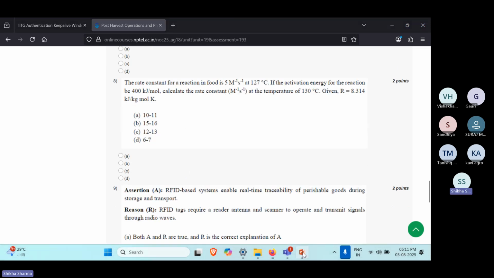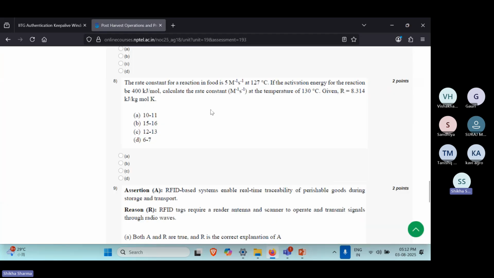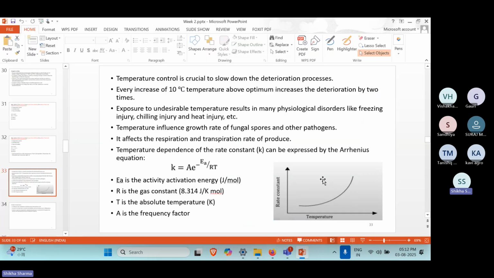This question will be solved with the help of the Arrhenius equation only. They have already given T, R, Ea, and k in this question, so you should calculate A. Afterwards, you should put the value for another temperature and calculate the rate constant at 130 degrees Celsius. This type of question can be solved using the Arrhenius equation.